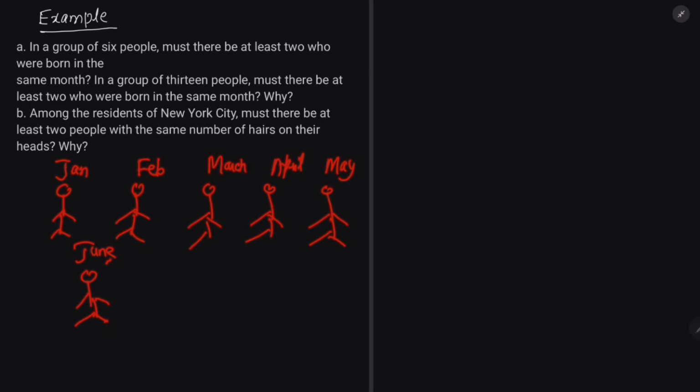They can be, but there are more options, so it is not guaranteed.